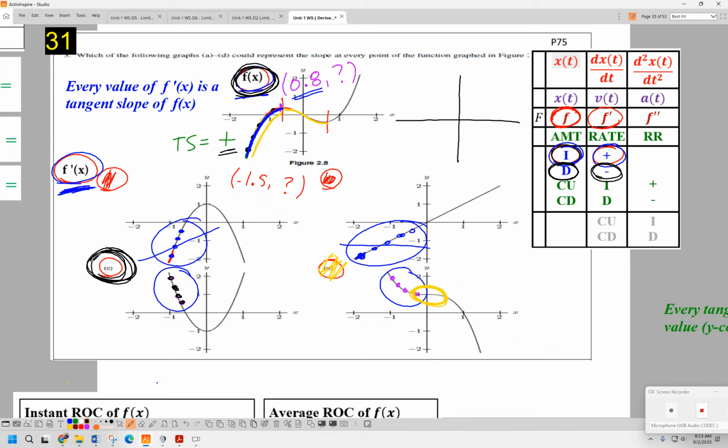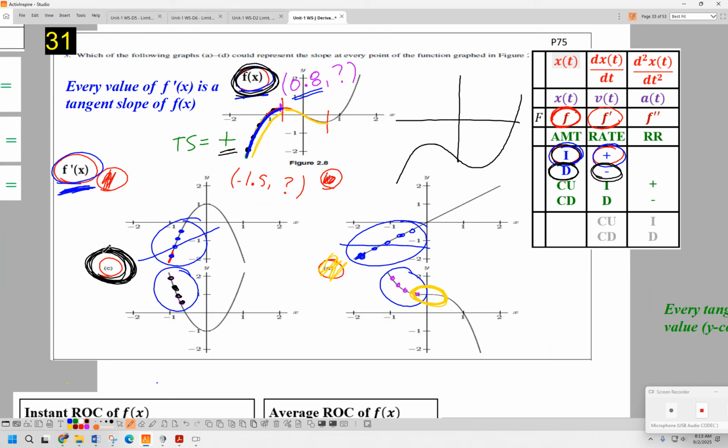They all have the same shape, same curvature, but they don't have to have the same y values. So this f prime will match an infinite number of different f graphs, as long as they always have the same curvature, because we're measuring the slope, not the actual y values. Well done. Anybody else? Okay, cool. So we found our match there.